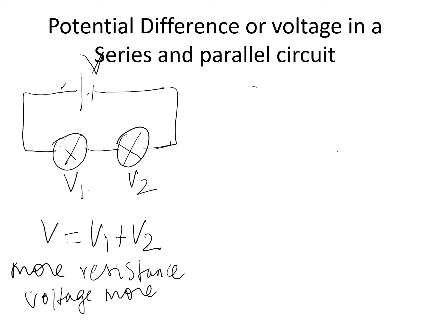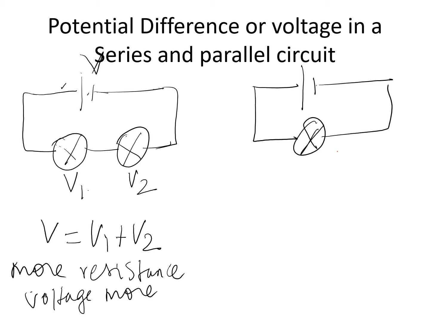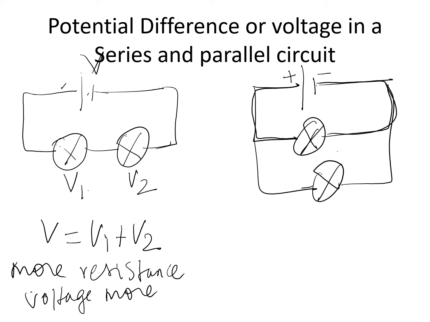Okay. Now, if the same two bulbs I'm connecting in parallel, what am I doing here? I'm connecting this bulb across this power supply, and I'm connecting this bulb also across that power supply.